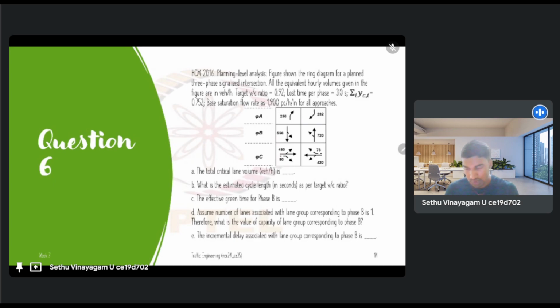We have three phases, phase A, phase B, and phase C. In each phase there are two rings in the controller, R1 and R2, controlling different movements.